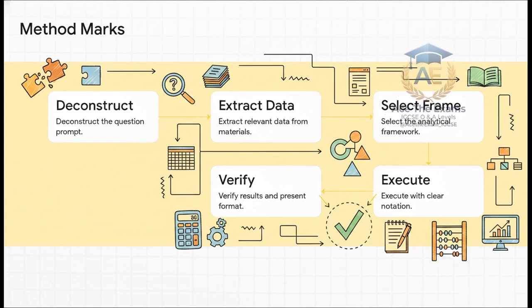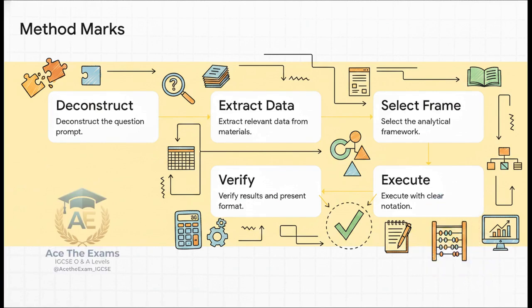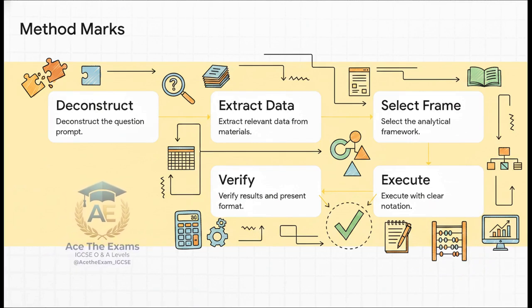That's the key. Step 3, select your analytical framework. Step 4, execute with crystal clear notation. And finally, Step 5, verify your results and present them using the correct terminology. Remember, in Cambridge accounting, the systematic processing matters just as much as your final answer. If you just magically jump to the final number without showing this step-by-step sequence, the system throws an error and you lose out on huge marks.